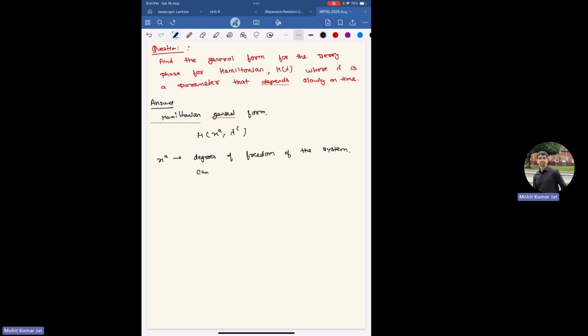They can be position. It can be spin of particles also.